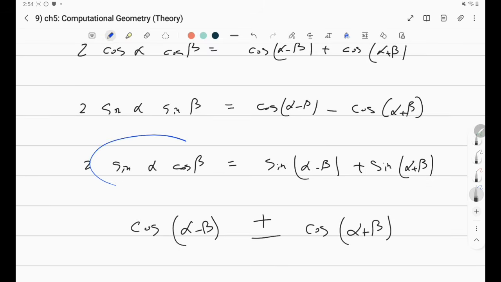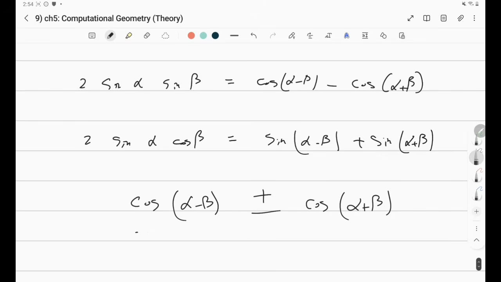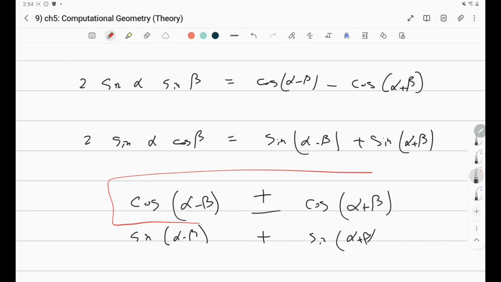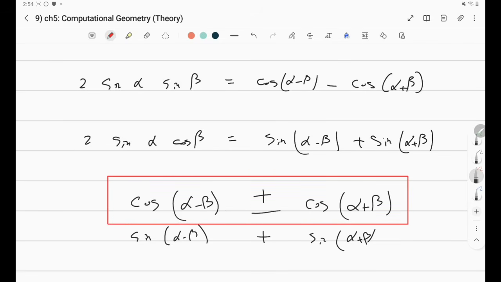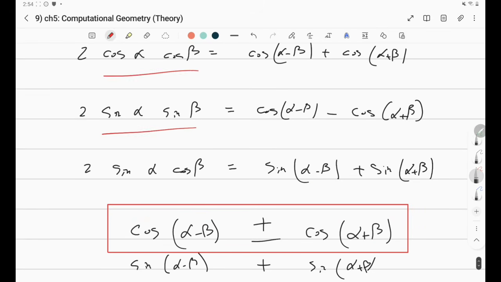Now if you have a sine and a cosine, so they are different, then of course you should go for a sine. So you simply say sine alpha minus beta, sine alpha plus beta, and then it's going to be a plus. So again, you just need to have this in your mind. You choose a cosine or a sine depending on whether you have the same or the opposite.